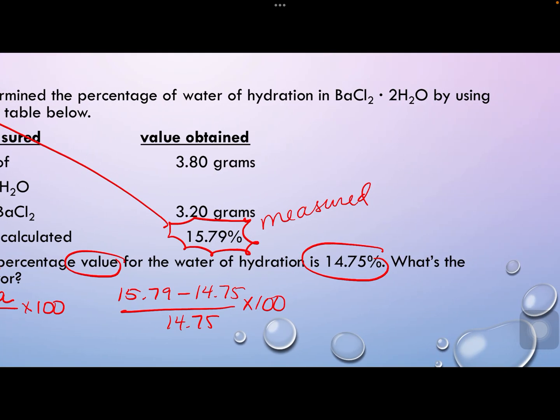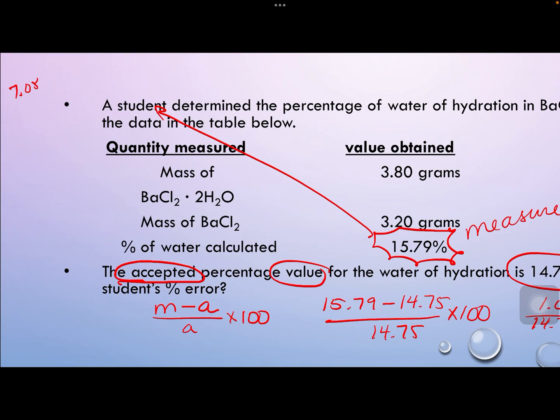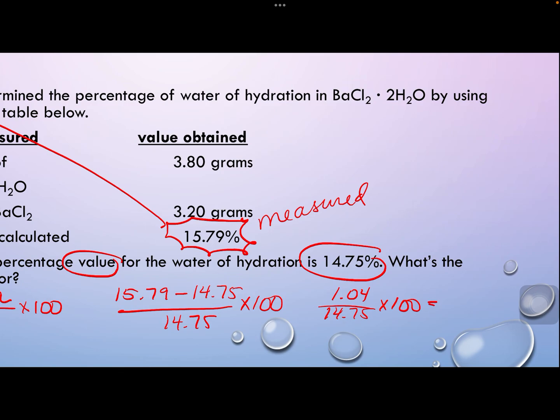And if I simplify this numerator, I would get 1.04 over 14.75 times 100, and that comes out to about 7.05%. So this person was 7.05% off of what they should have been.